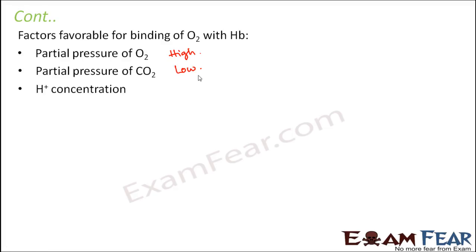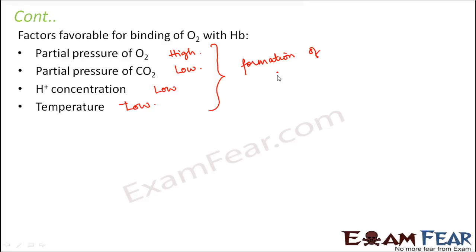H plus ion concentration should again be low, and temperature should also be low for the formation of oxyhemoglobin. So all these factors favor the formation of oxyhemoglobin.